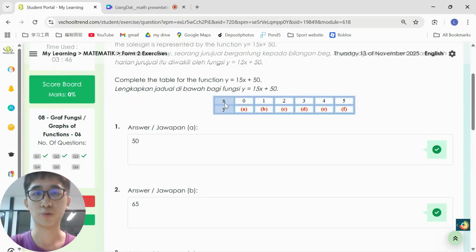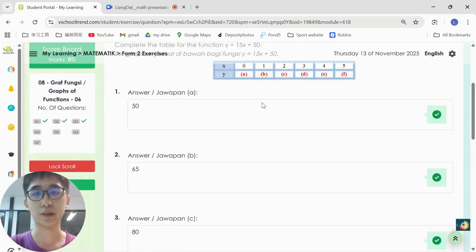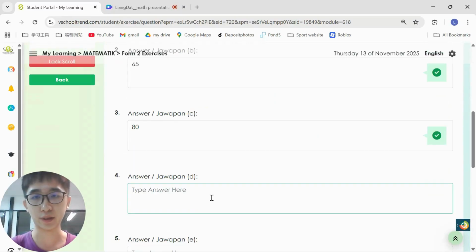When s is 3, 15 multiplied by 3 becomes 45, and then 45 plus 50 is equal to 95.